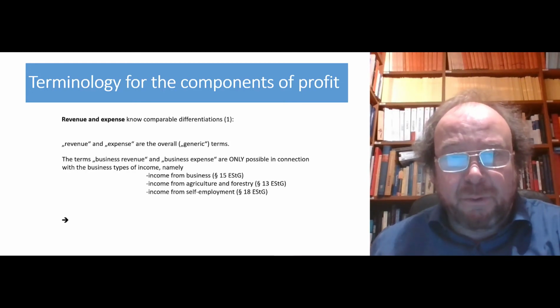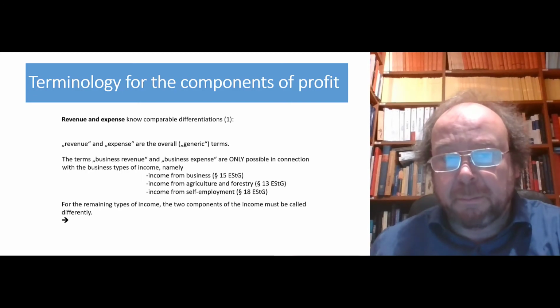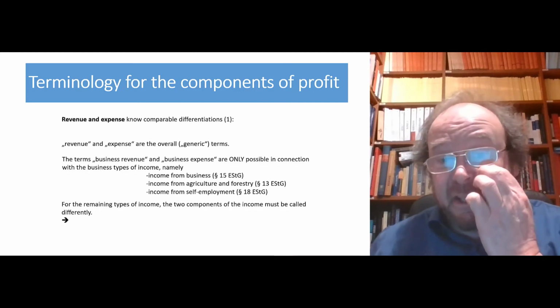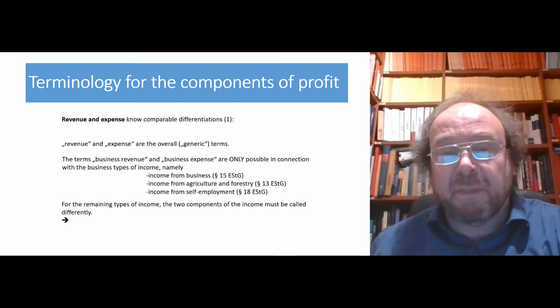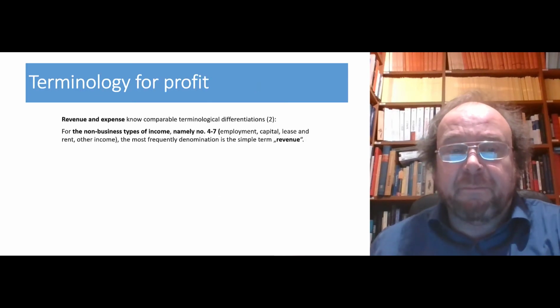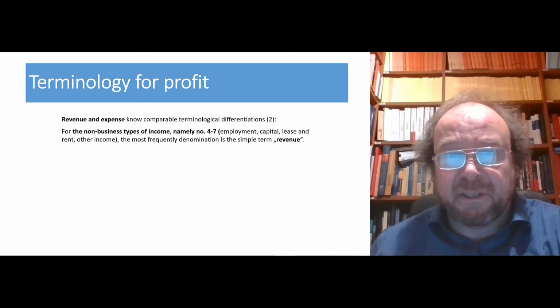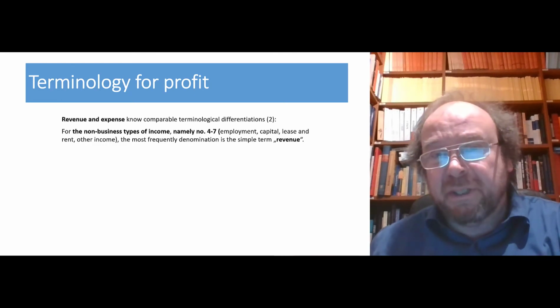This term is only used for the business types of income, so 1, 2, and 3: business, agriculture, self-employment. For the remaining types of income, you must call these two elements differently. For the non-business types, so for employment, income from capital, lease and rent, and other income, you just speak normally of revenue when you mean the positive element.